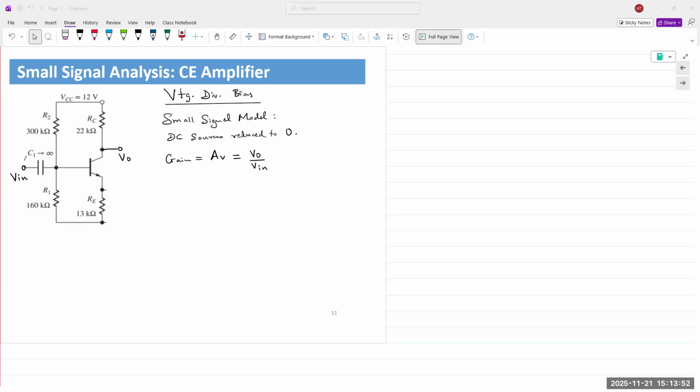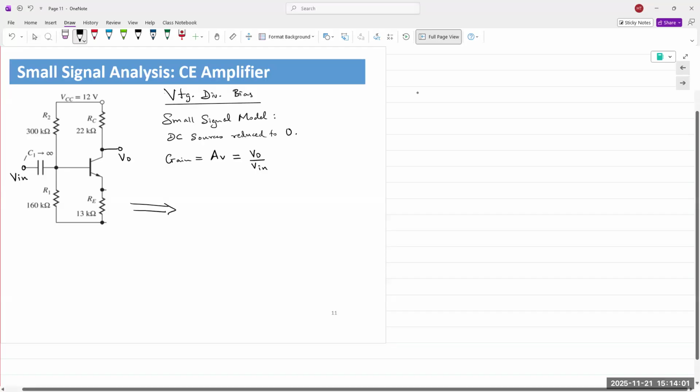So if the DC sources are reduced to 0, then the circuit looks like this.